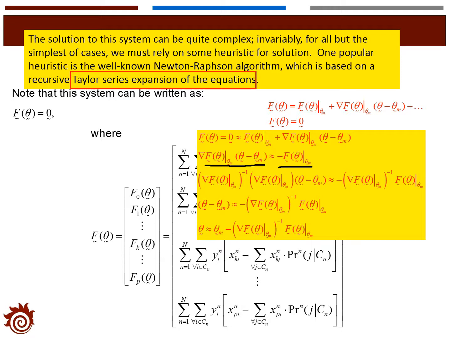And then we can further solve this equation, and it will give us theta minus theta m equal to minus lambda F theta inverse times F theta. It will also give us the true value theta as approximately theta m minus lambda F theta inverse times F theta. And this would be the equation for us to apply the heuristic method to get the true value of theta.